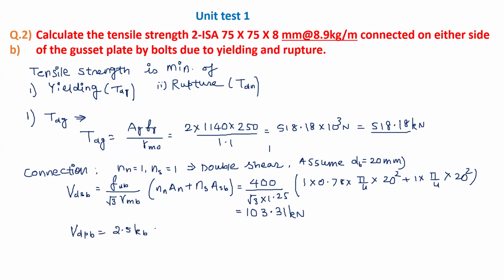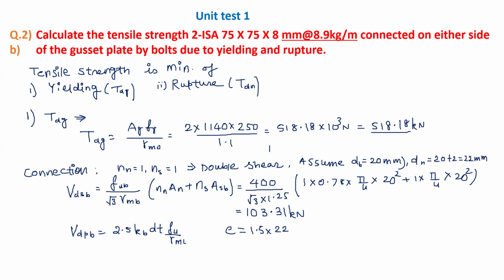Then we have VDPB equal to 2.5 kb d t fu upon gamma mb. Now we have e equal to 1.5 into dh. So what will be the value of dh? dh equal to 20 plus 2, 22 millimeters, from table 19.